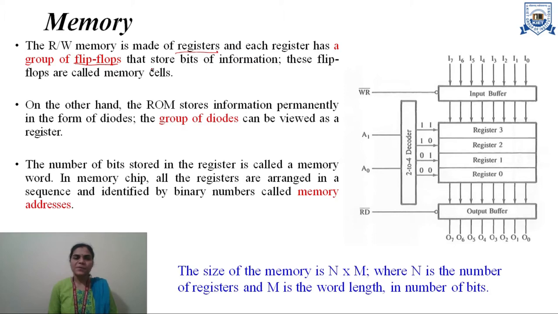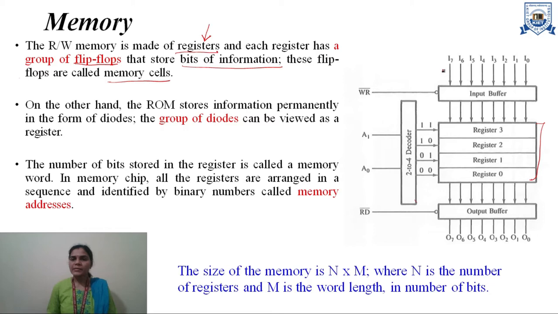These flip-flops store bits of information, and a flip-flop is called a memory cell. So read-writable memory is made of groups of flip-flops, and these groups of flip-flops are termed registers.